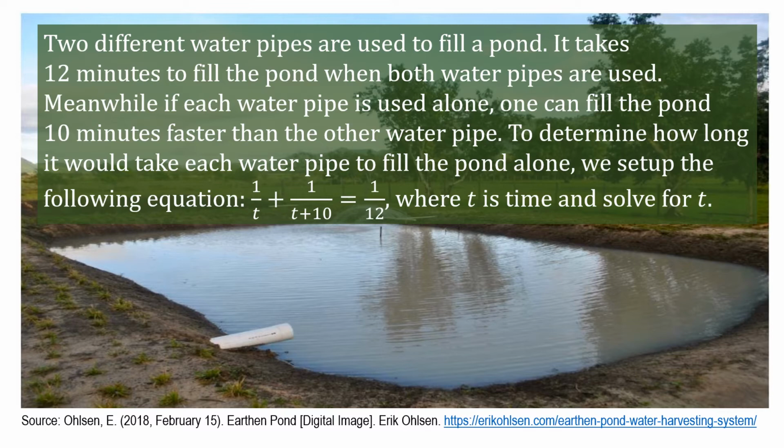To determine how long it would take each water pipe to fill the pond alone, we set up the following equation: 1 over T plus 1 over T plus 10 is equal to 1 over 12, where T is time, and solve for T. These are examples of real-life applications of rational equations.